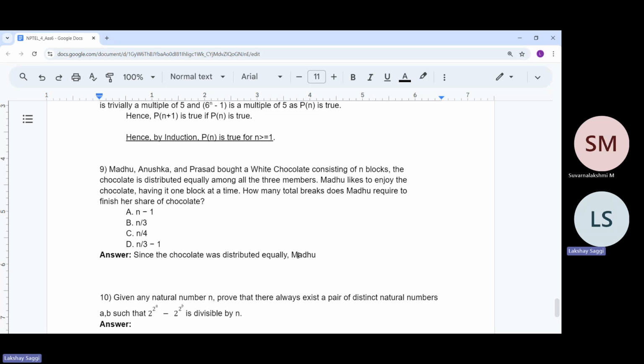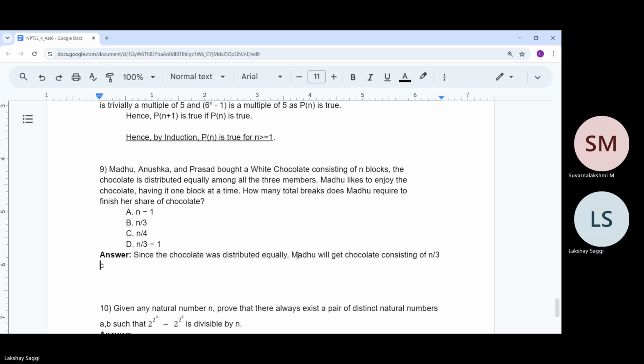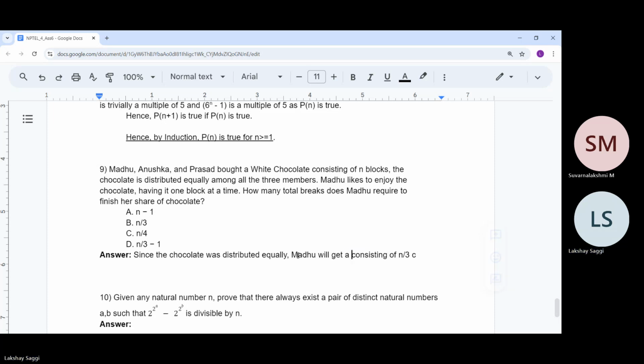So the chocolate was distributed equally, and the chocolate initially consisted of n blocks.